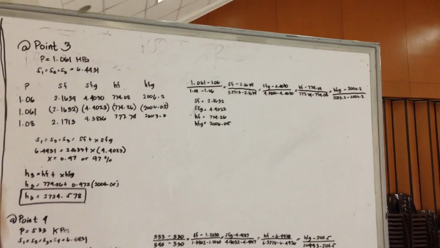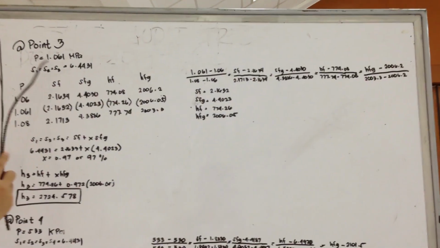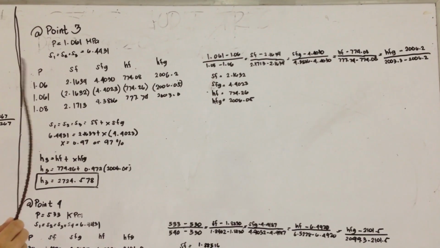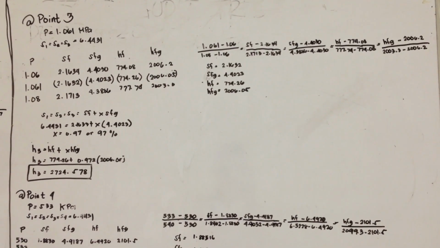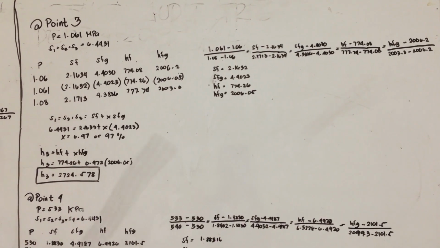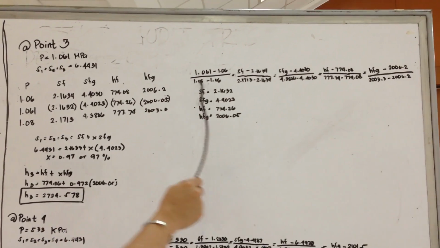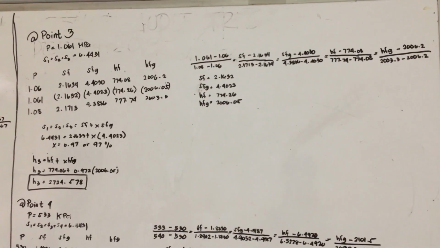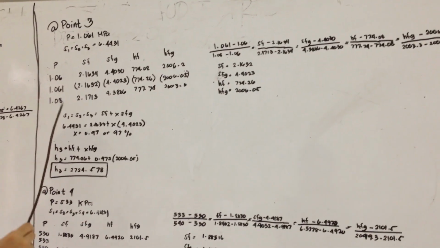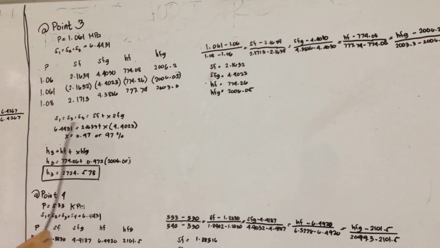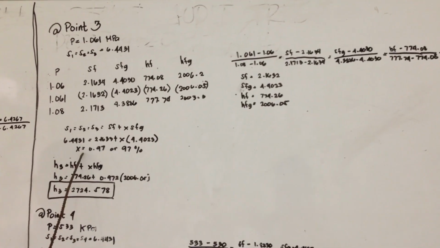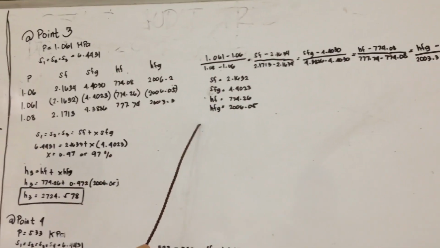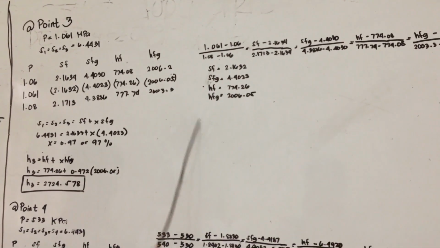So again, from point 3, the pressure is 1.061 MPa. Again, to get the saturated pressure and also the quality X, we have to use interpolation again, since we can't find the exact value in our steam table. This is the formula to get the quality X. Again, in our TS diagram, S is just equal because it just goes straight.